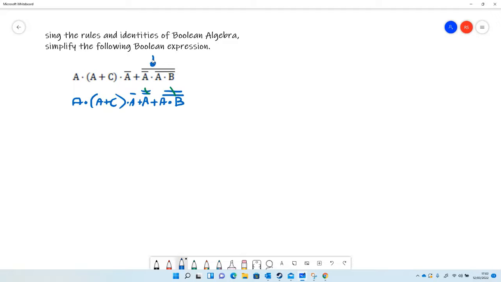We could look at a few other areas of things we could do here, but let's look at not A or A. So this first one was De Morgan, wasn't it? So not A or A, by complement or identity of complement, A or not A equals 1.